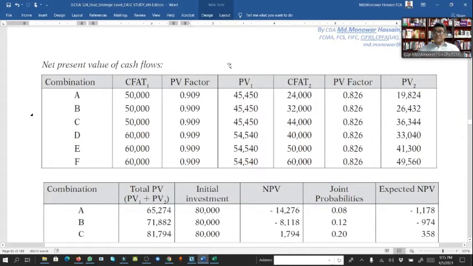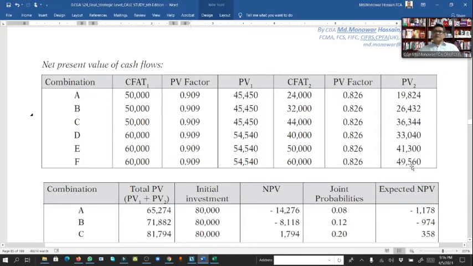The first year's PV factor at 10% is 0.909, and the second year's is 0.826, used for all combinations. So the cash flow after tax of 24,000 multiplied by 0.826 gives 19,824, which is present value 2. In the same way for the six combinations, for E, 0.826 multiplied by 50,000 gives 41,300.